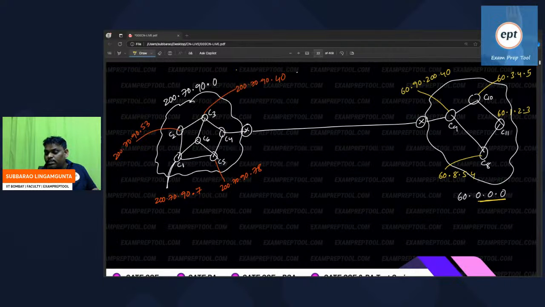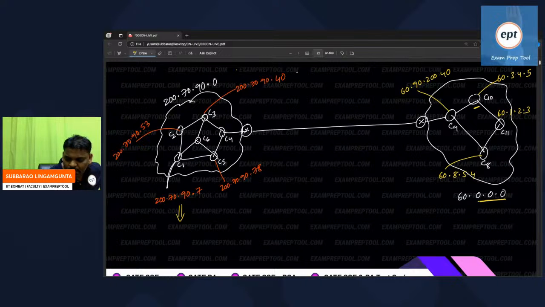Now listen, everyone. I'm just saying one important piece of information. See this one? This person wants to send data to this person. C1 wants to send data to C10.